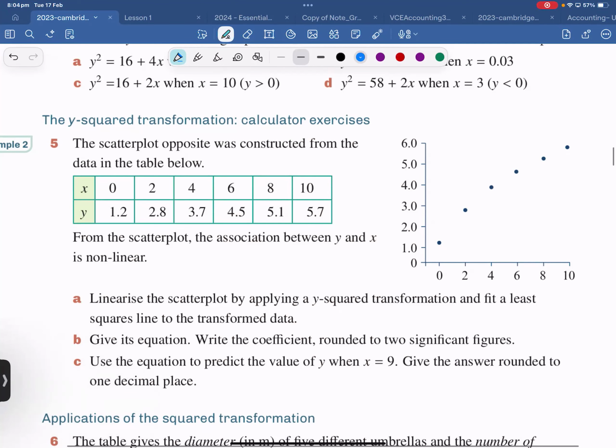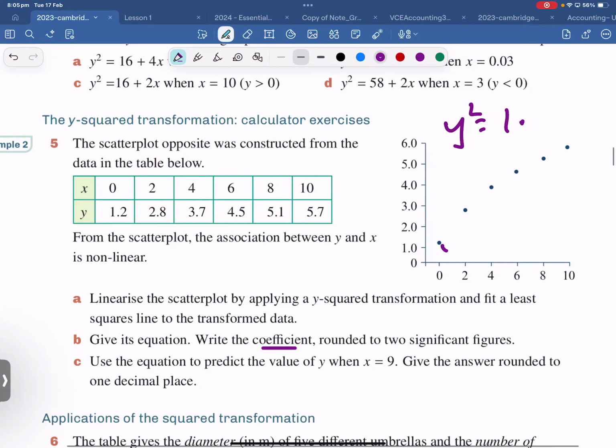Are you getting a linear line? Yep. What's the linear line? Basically, you will get, yes, the equation is y squared. So you have to give it to one decimal place, two significant figures, yes. But that's just the coefficient. The 1.44, that's the y-intercept. Yeah, 1.4045.